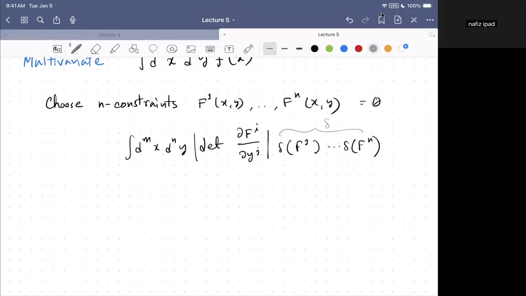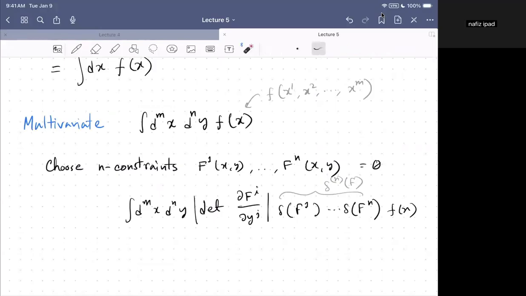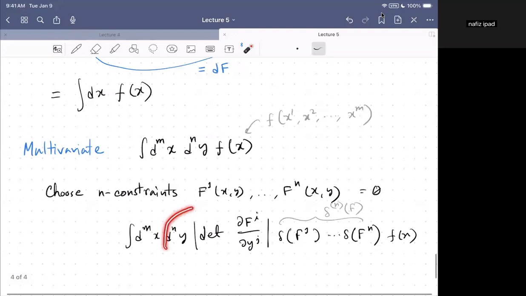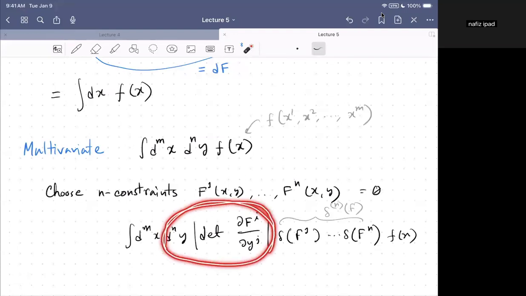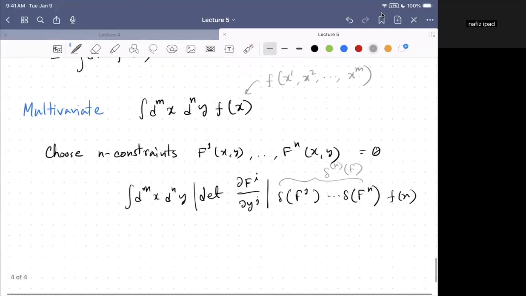We can also just write it as the same thing. And then what we had before, f of x. Okay. So again, the purpose of this group is simply to replace the variable y with the variables f.